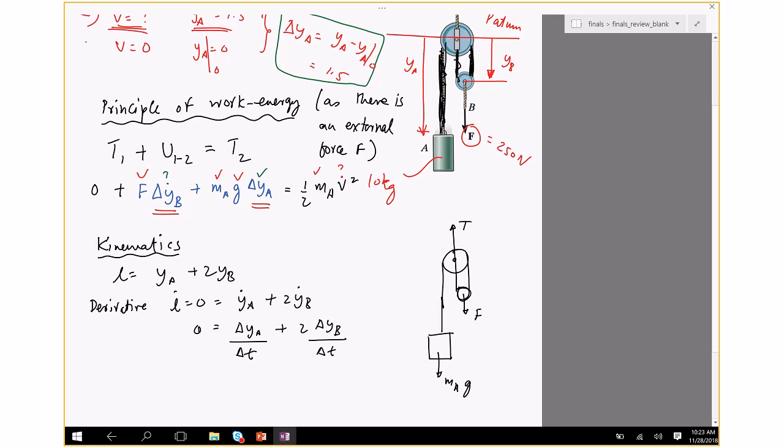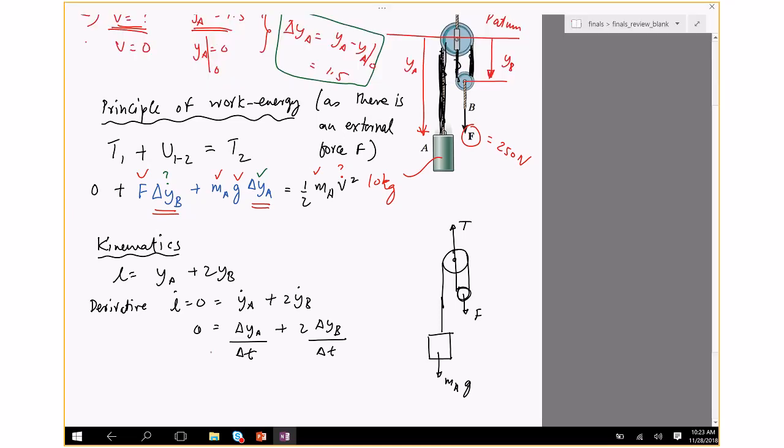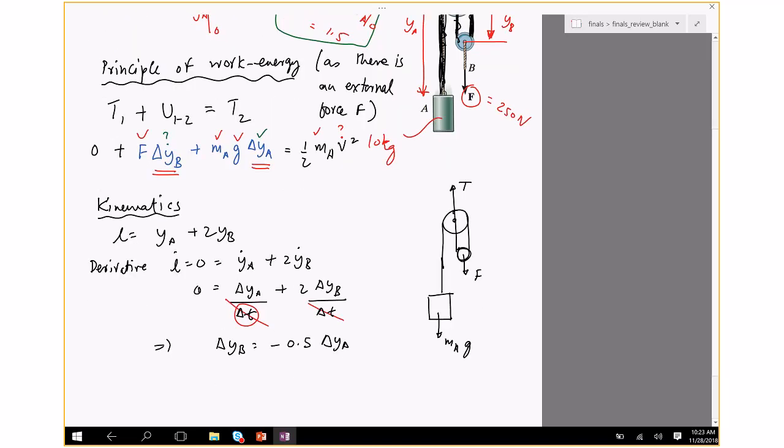So another way of looking at the same equation is you can multiply both sides by delta T and you can cancel it off, and so we can write delta YB equals minus half delta YA. Okay, so the differential and the derivative are pretty much the same. You don't get confused. This comes up again every time we teach it, that is, how did you get delta Y from Y dot? And that's how we get it.